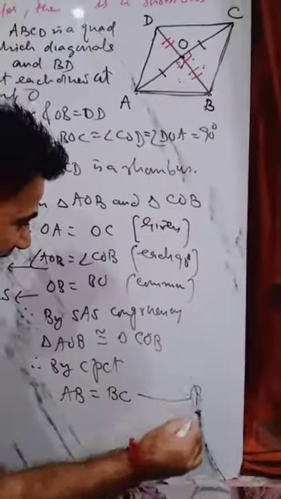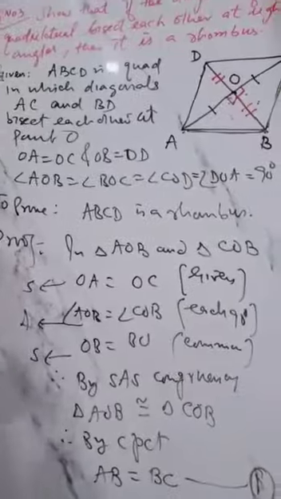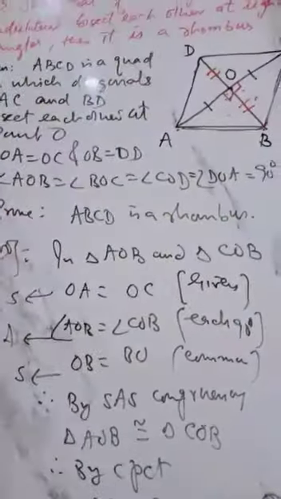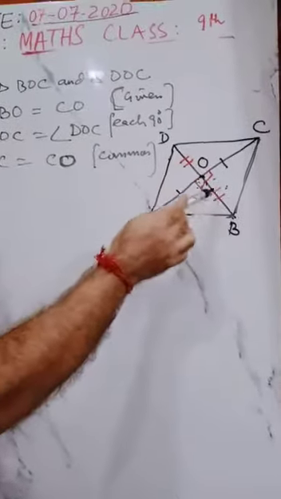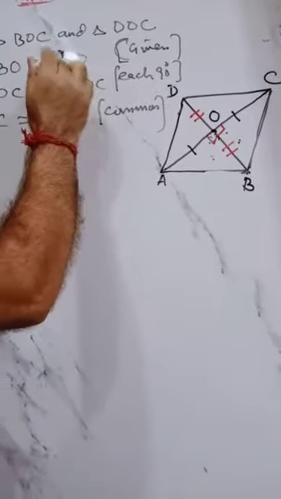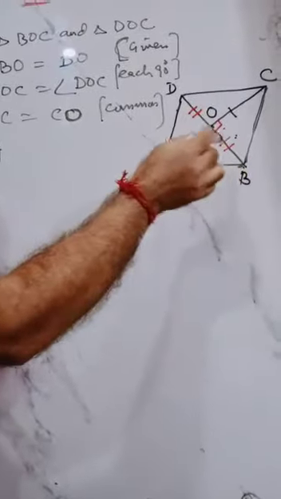Keep it as the first. Okay, now similarly we will take another two triangles, that is BOC and DOC. So BO equal to DO. You will write it as given, because the diagonals bisect each other.